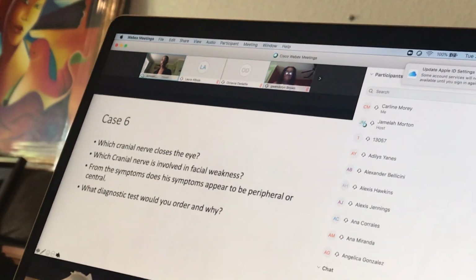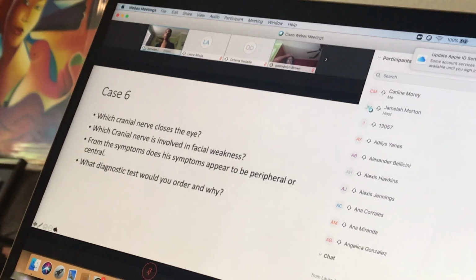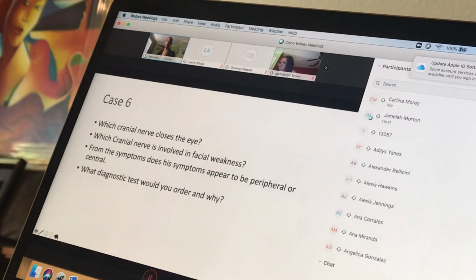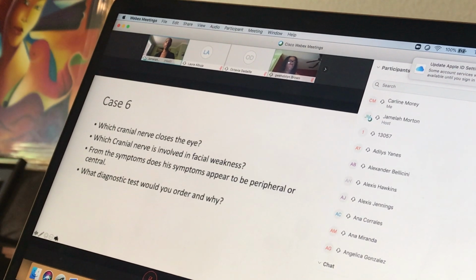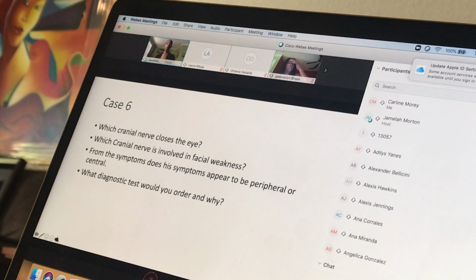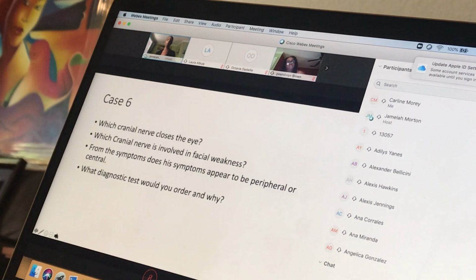So you're still going to get an MRI of the brain to look at the brain structures to make sure that you don't have a stroke, okay? You can get blood tests. You can get lumbar punctures to look at cytology. You can look for infections. All these things that you want to do.